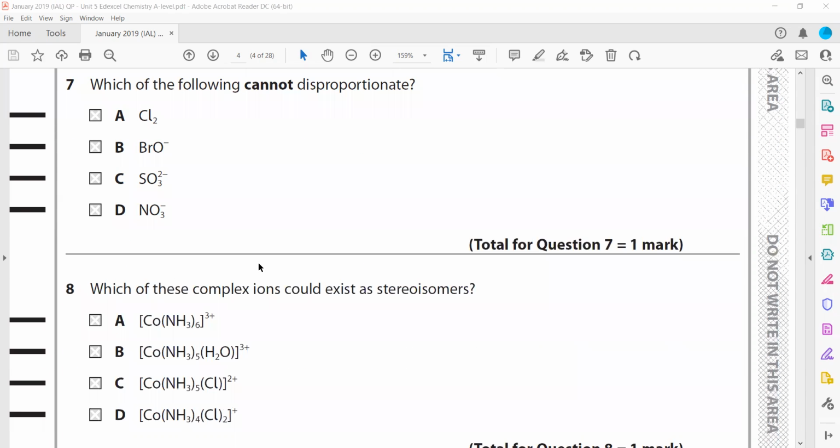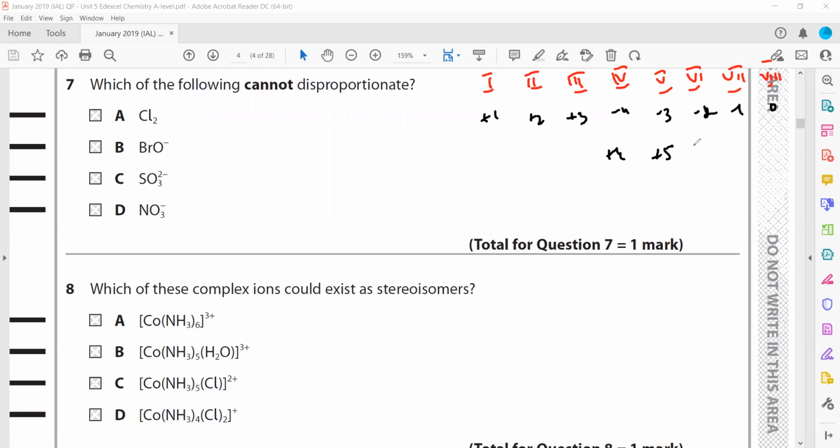Then question 7, which of the following cannot disproportionate? So remember group 1, group 2, group 3, group 4, 5, 6, 7, and 8. According to group, group 1 is +1, +2, +3, -4, -3, -2, -1, and 0. But they may have +4, like this is a maximum, it can have from -4 to +4.